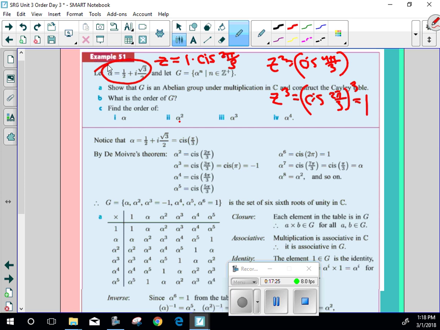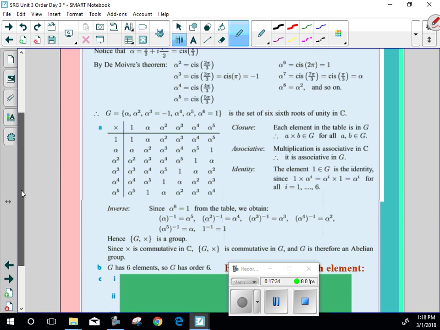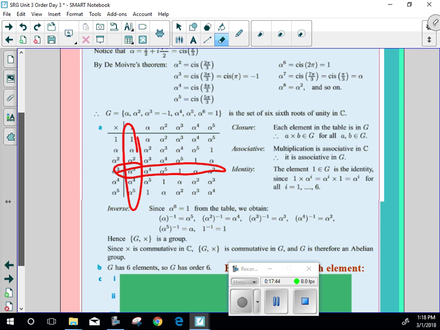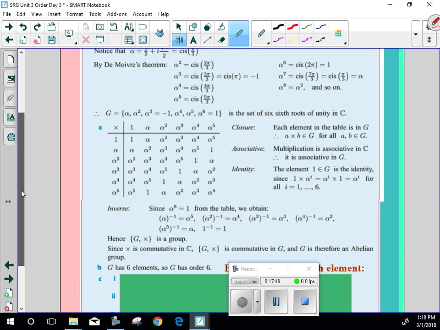You do 1 times 1, 1 times alpha, I call it z, 1 times alpha squared, and you build this Cayley table. Is this Cayley table closed? Each row and column, do you see 1 through alpha to the 5th? Yep. Okay, so that's good. And you can look at all the other things. It's multiplication, it's associative. The identity is definitely 1 this time. And you could show those.